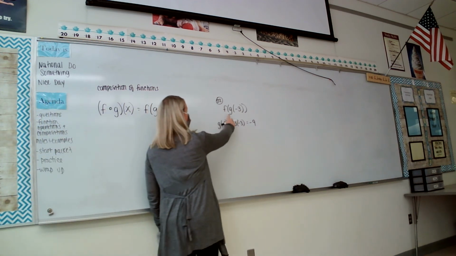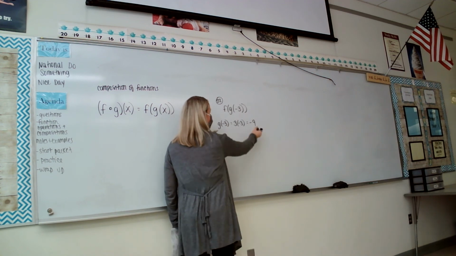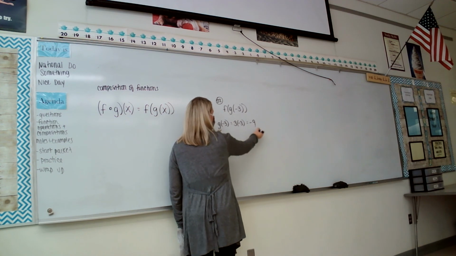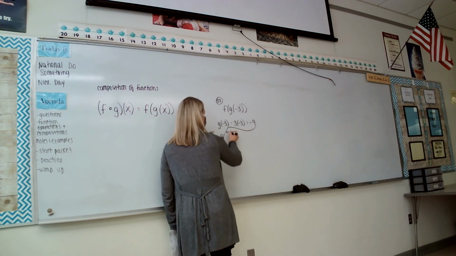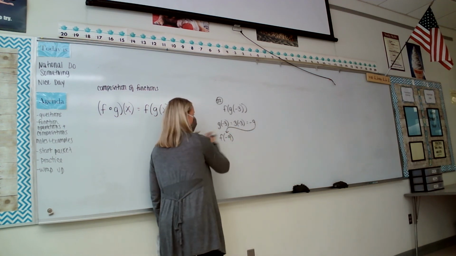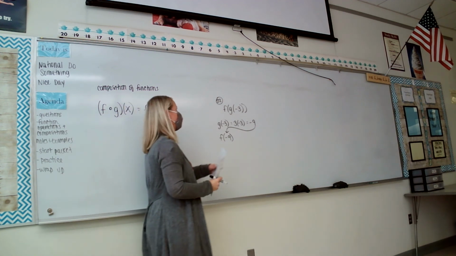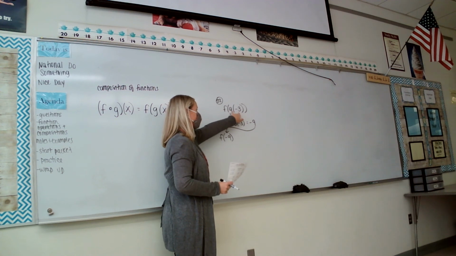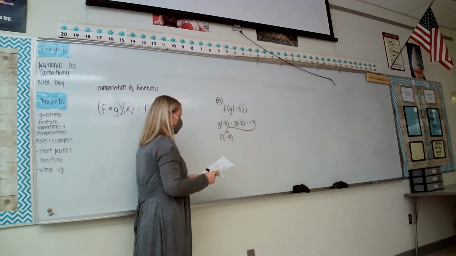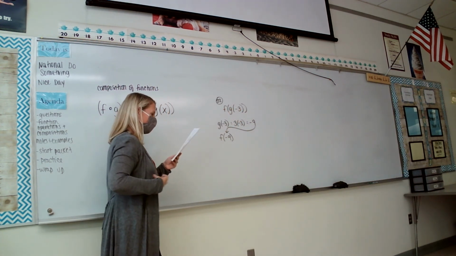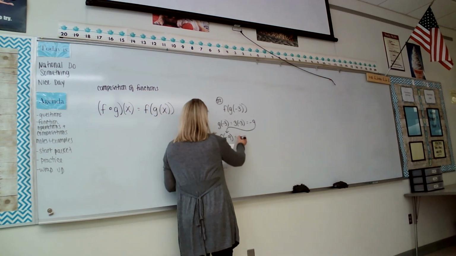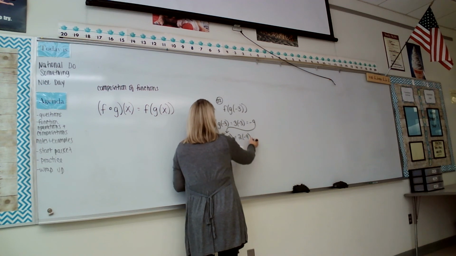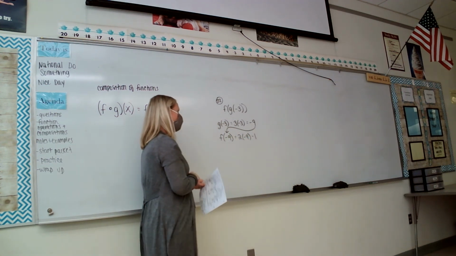Now I have another step. I've done g of -3. I take this answer and plug it into the f function. So you work your way out: you do g of -3 first, find the answer, and then that answer goes in the f function. In those directions, it would be 2 times -9, minus 1.